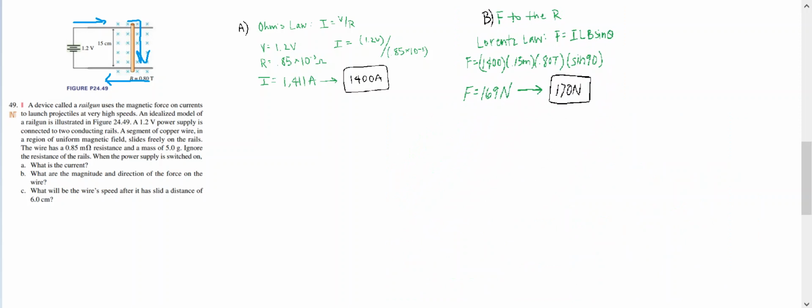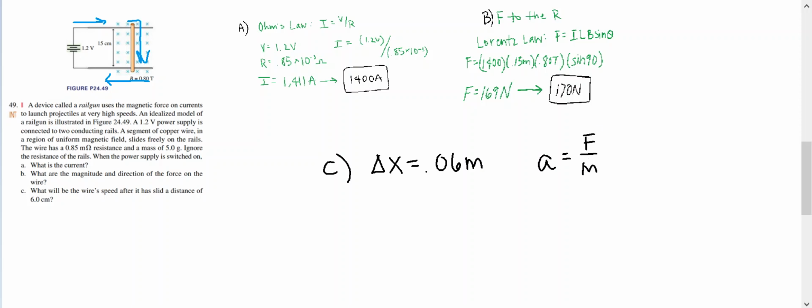Now for part C, it's asking, what will the wire's speed be after it has slid a distance of 6 centimeters? So we know that delta x is 0.06 meters. And if you remember your formulas from Physics 1, we know that acceleration is equal to force over mass.